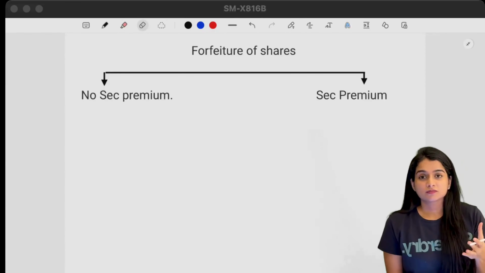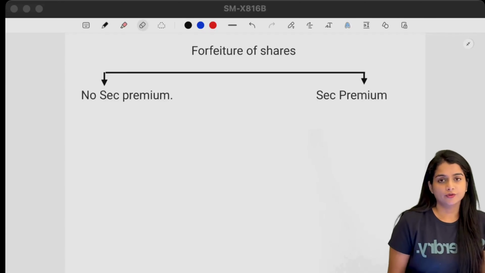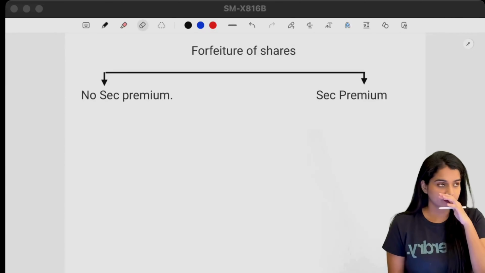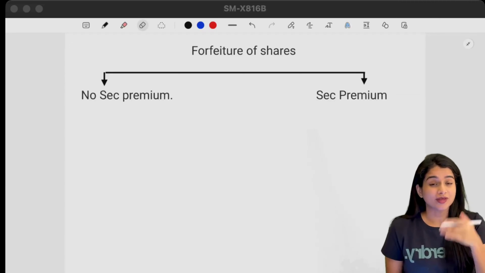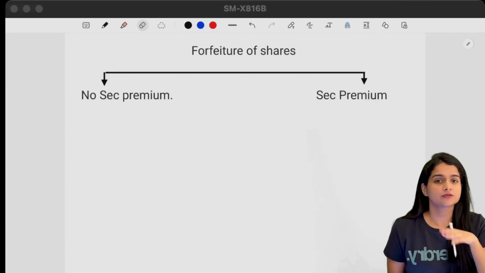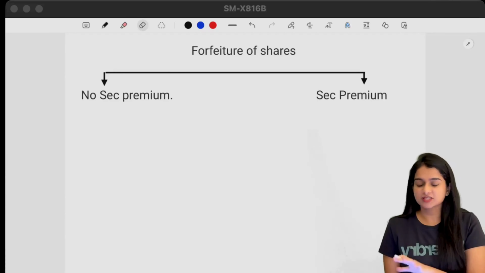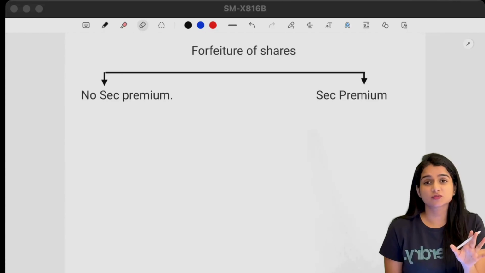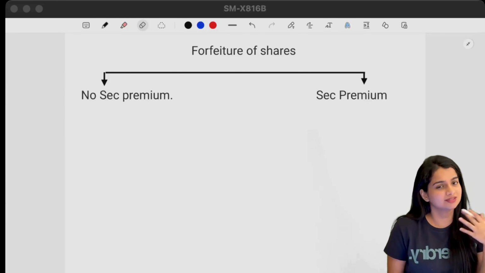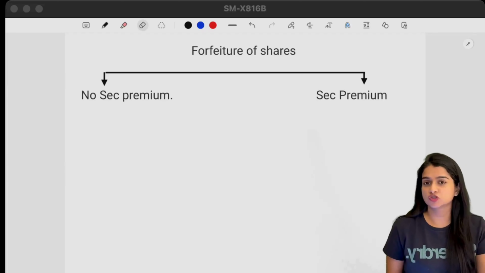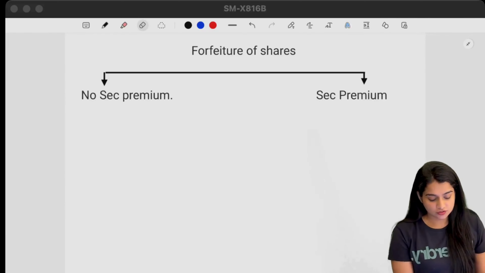Okay, now comes the journal entry of share forfeiture. The first thing that you have to look for in the sum, or in the example, is whether the sum has securities premium. My first case is when securities premium is not there in the sum, an easier case, a very simple journal entry. So how does the journal entry go?